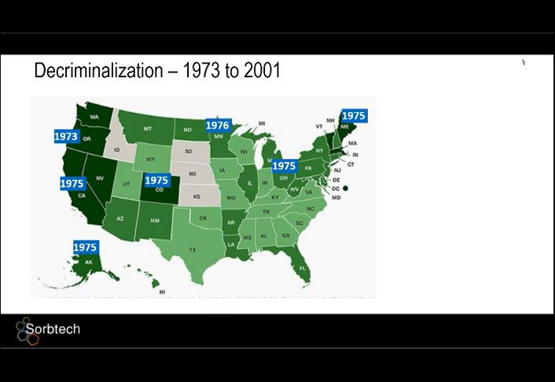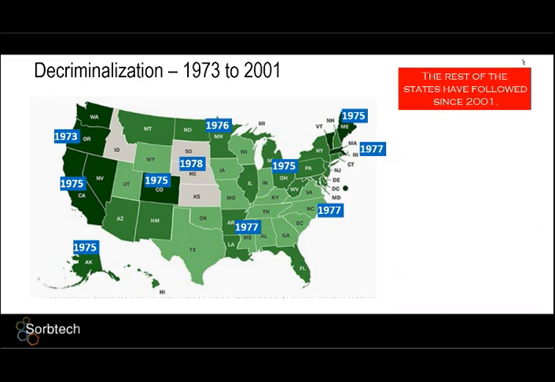Minnesota the year after that. Unsurprisingly, Massachusetts legalized in '77, but surprisingly, Mississippi, of all places, and North Carolina decriminalized in '77 with Nebraska after that. Those states collectively are what's known in the cannabis world as the first wave.